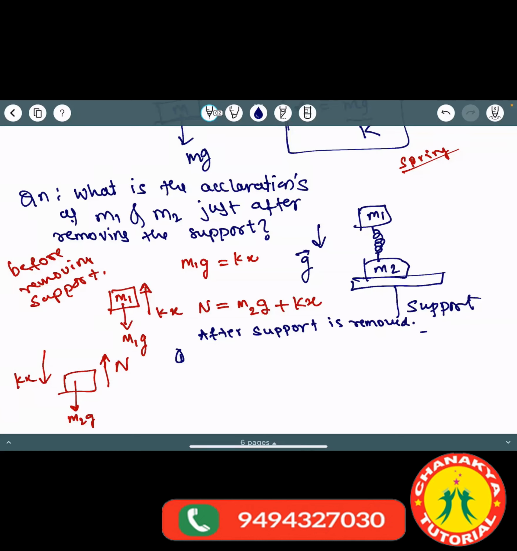Shreya, which force will not come into picture? Once you remove the support, what happens? Which force will go back? Spring force. Spring is there. No, the spring is not going anywhere.